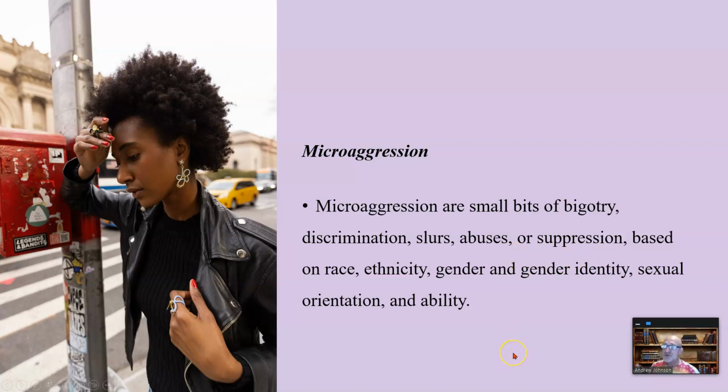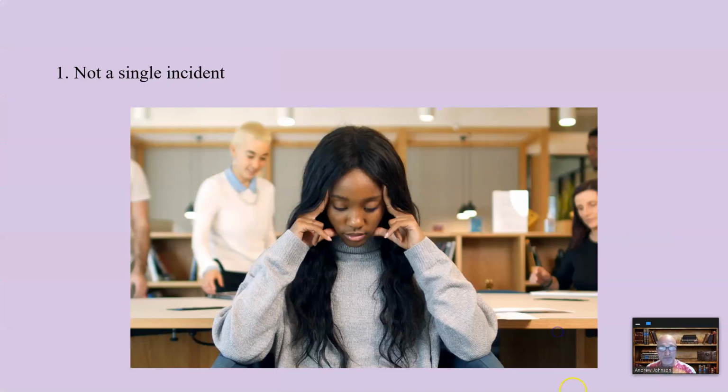Microaggression: the small bits of bigotry, discrimination, slurs, abuses, or suppression based on race, ethnicity, gender identity, sexual orientation, and ability. And people of diverse groups are disproportionately impacted by microaggression. Now, it's not a single incident or a few subtle incidents. These usually do not rise to an actionable level by Title IX or HR.